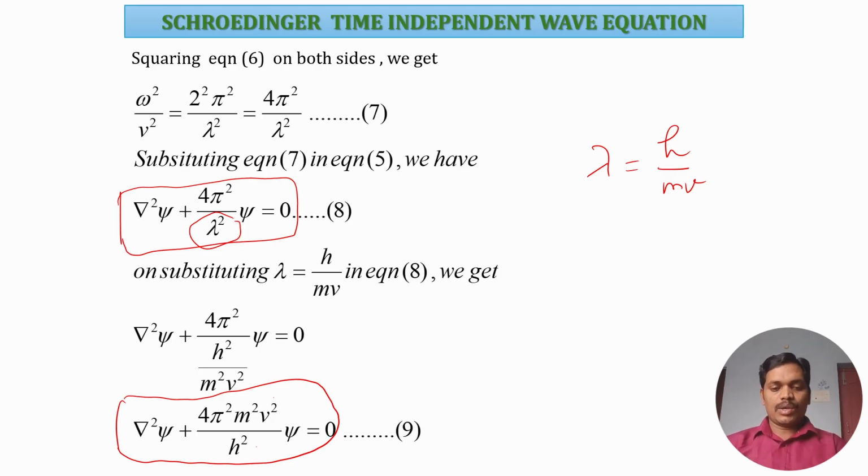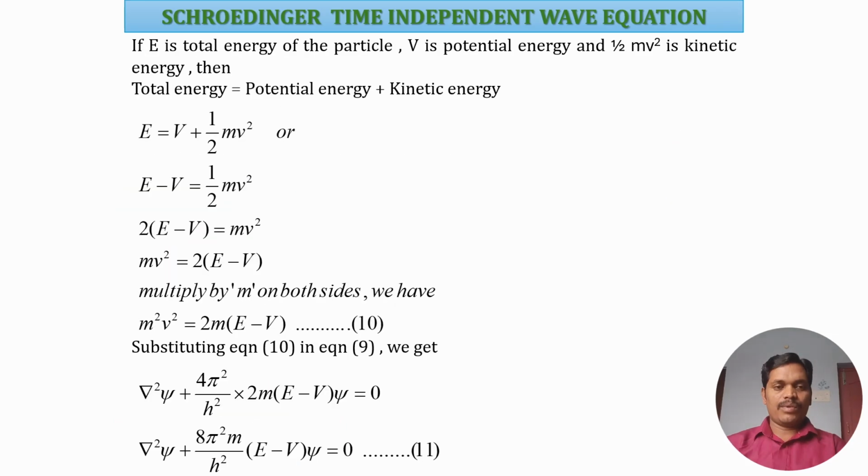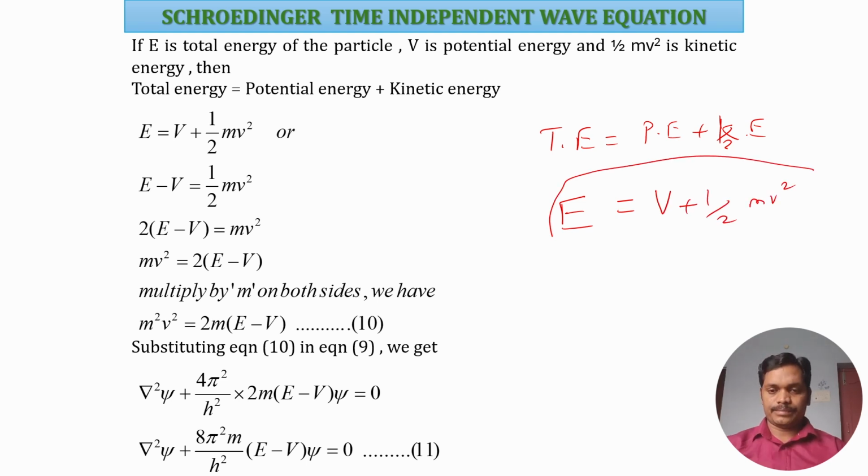Still, in order to simplify this, we have to introduce one important concept, that the total energy is equal to the sum of the potential energy and kinetic energy. As we all know, the total energy is E, the potential energy is V and the kinetic energy is half mv square.